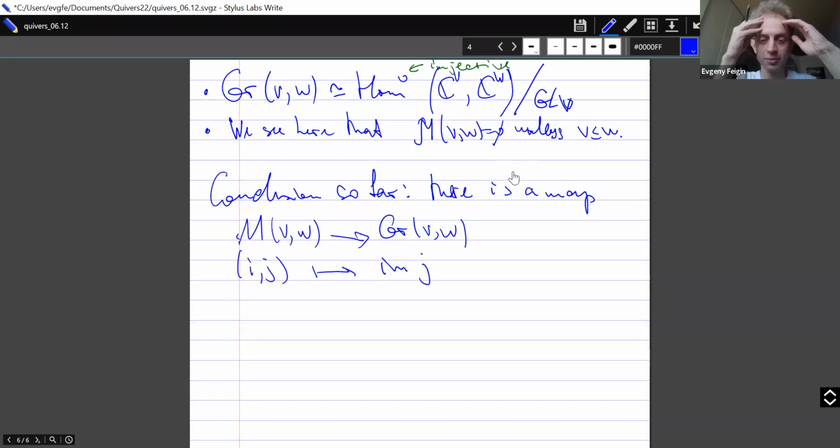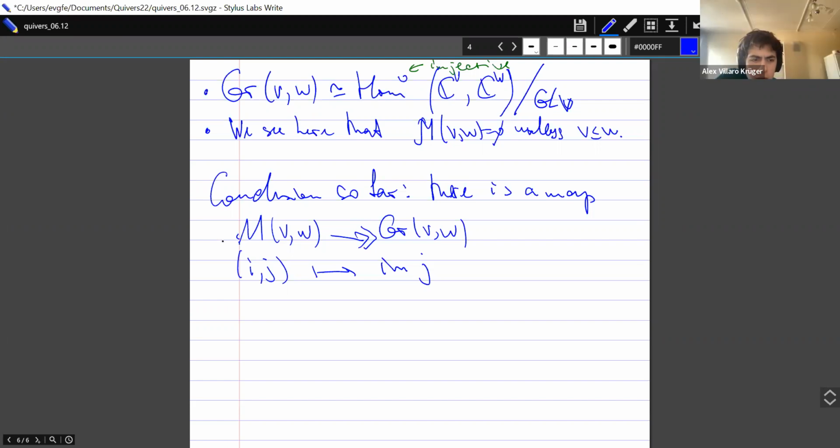So what's the fiber? And actually, this is a map onto, since any subspace can be obtained as an image of some linear map. The fiber should just be GL. What GL? Of V, right?